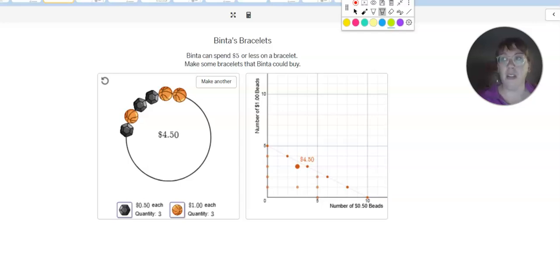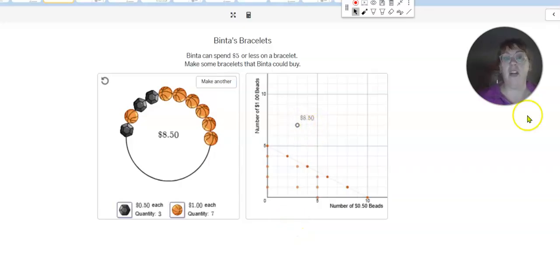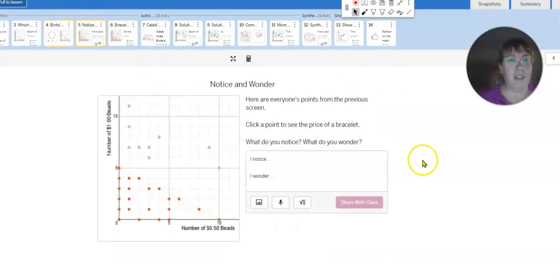So points that are solutions, as we can see, become these red dots. If I were to put something on the graph that is more than $5, it'll be black like so, because it is not a solution. And go to the next slide when you're all set.